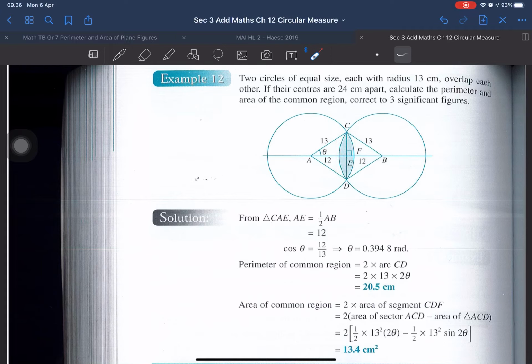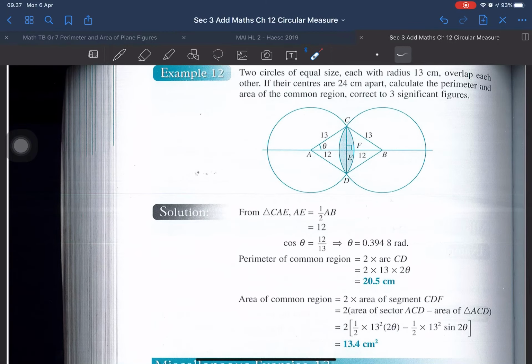To get perimeter is this, calculate for the s equals to r theta, and then times 2 here. Done. Next is the one that I talk about, sector minus triangle. Triangle, you use half AB sine theta.